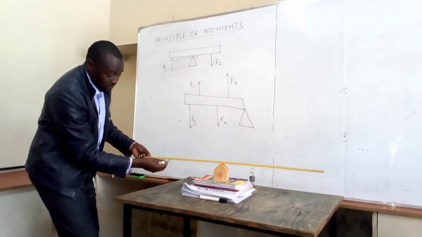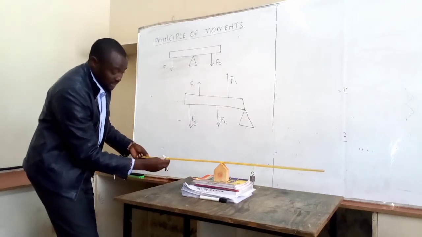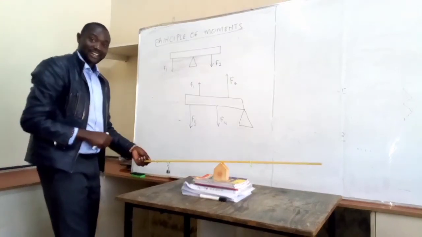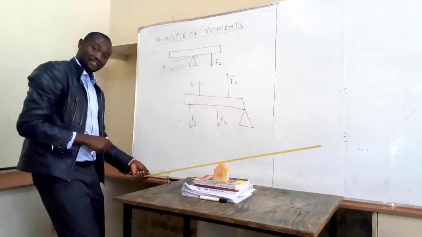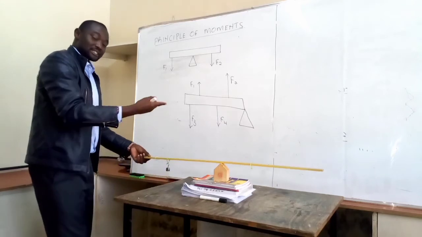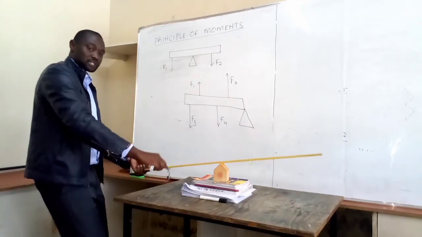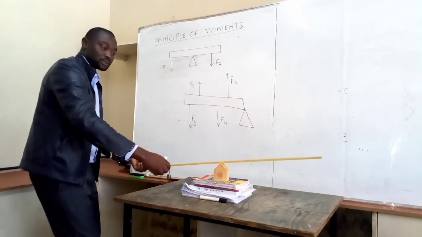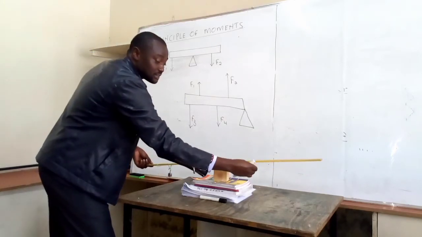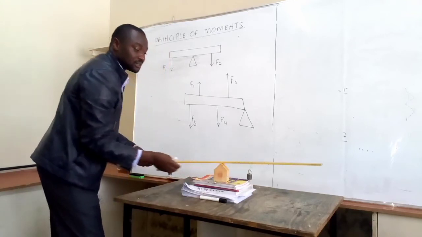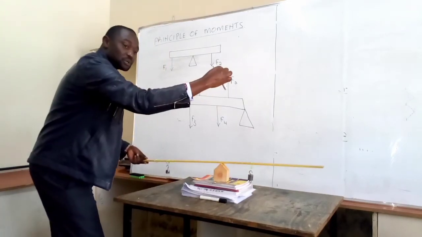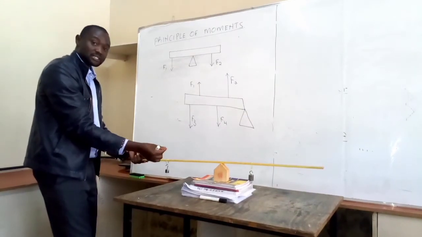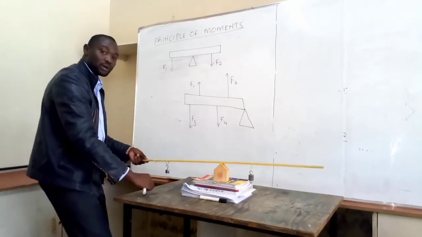If you remove that mass and place this one, then the system turns in the opposite direction. Now this is anti-clockwise. So this force here is making the system go in a clockwise direction, and this one here is making the system go in an anti-clockwise direction.